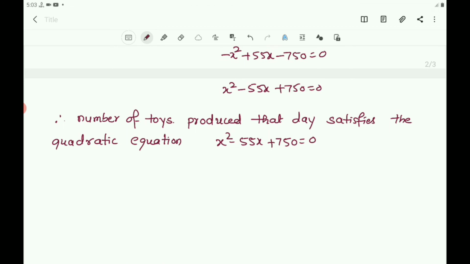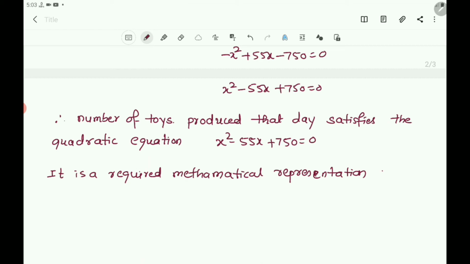This is the required mathematical representation of the given situation.